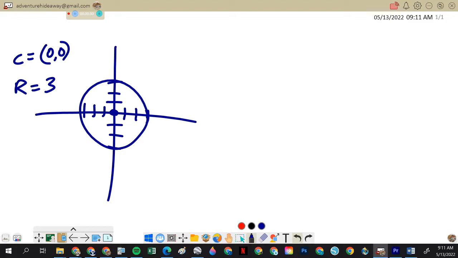The equation of that circle is given by x squared plus y squared is equal to r squared. And in this case, r is 3, so that circle would look like this.